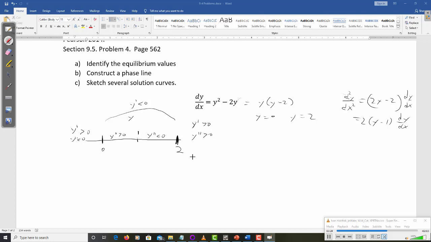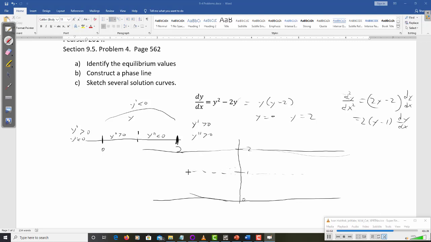It's very similar to the last one then. Honestly, I think I'm just going to make myself a quick and dirty graph here. So there's 0, there's 2, and there's 1. So we know below is increasing concave down, so lots of these.